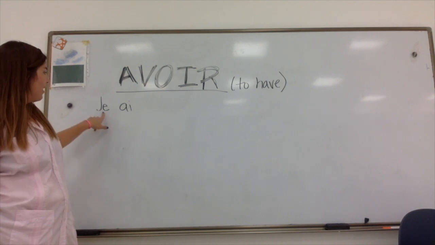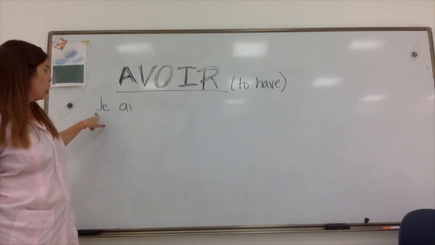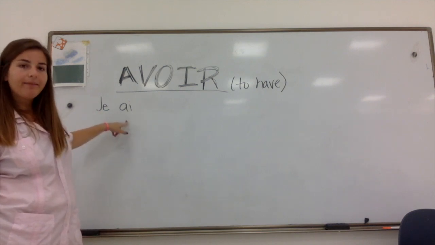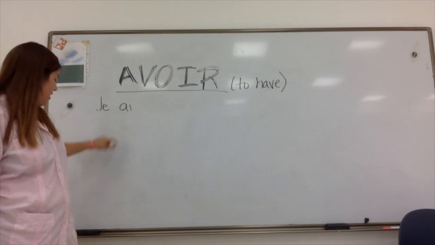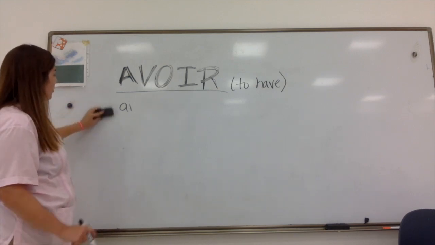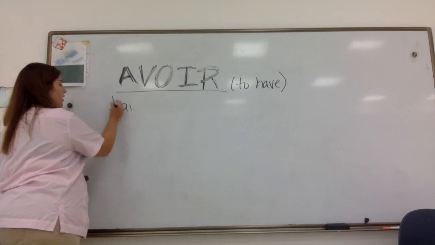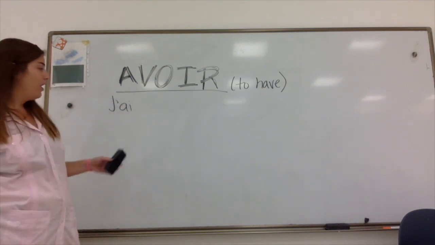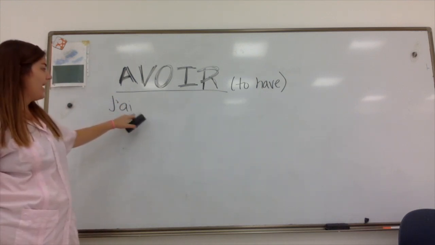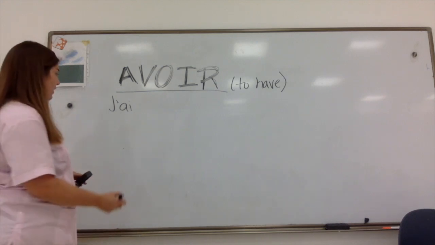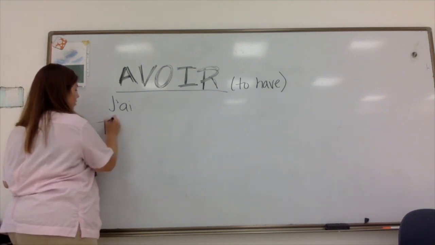The French do not like saying je ai, I have. They prefer to just say j'ai, I have. So J apostrophe A I. J'ai. Okay?